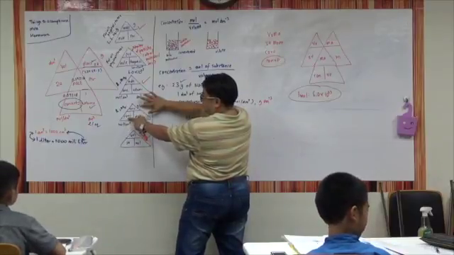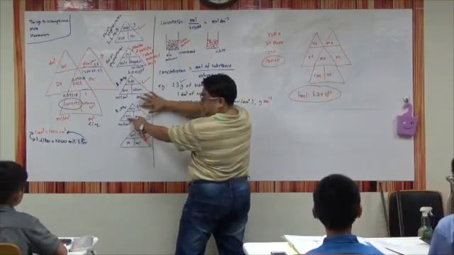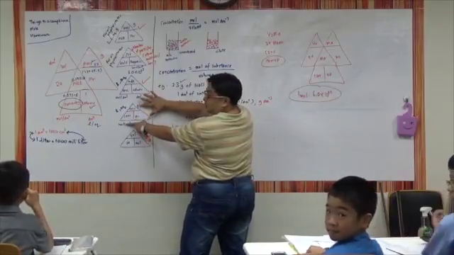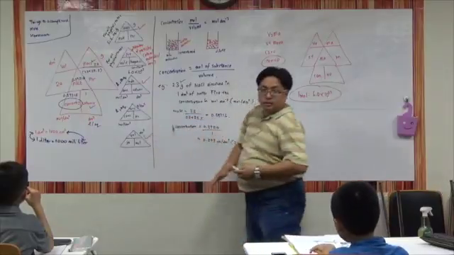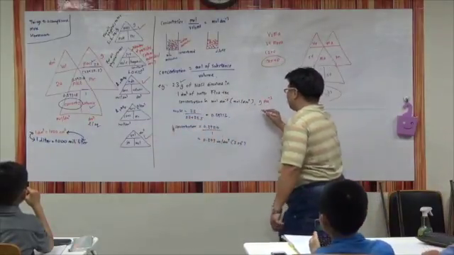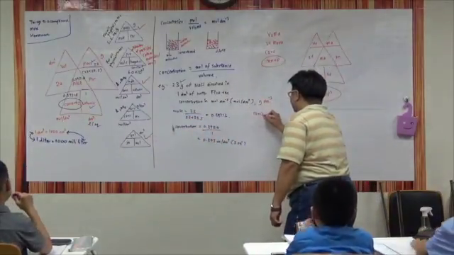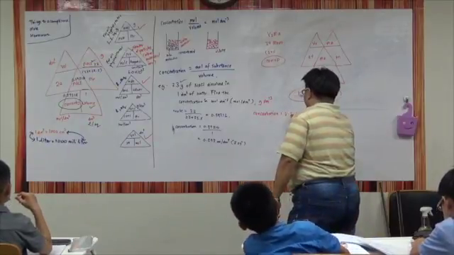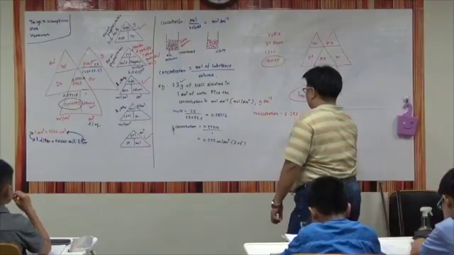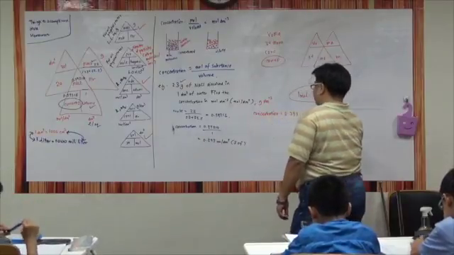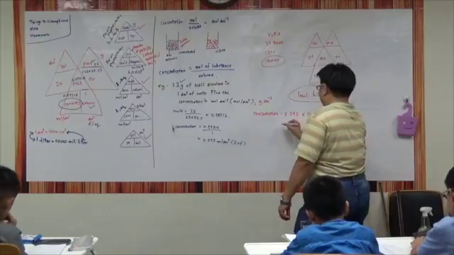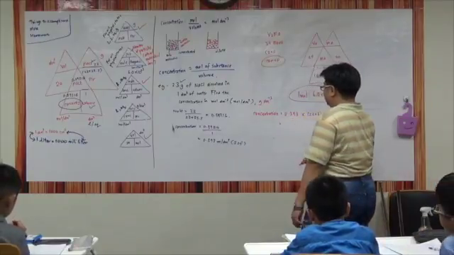You have this concentration. How do you find it? Times the Mr, right? So the concentration is 0.393 times the Mr. So what's the Mr? 23 plus 35.5. Alright, so what is the answer?